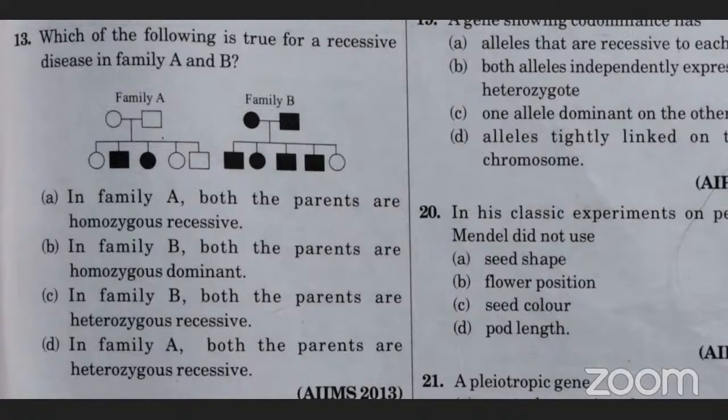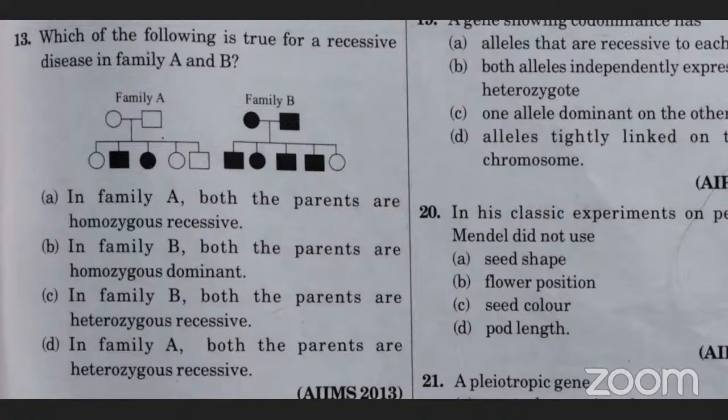Option D: in family A, both parents are heterozygous recessive. Your answer? Correct. In family A, both parents are heterozygous recessive. The last option, D, is correct.